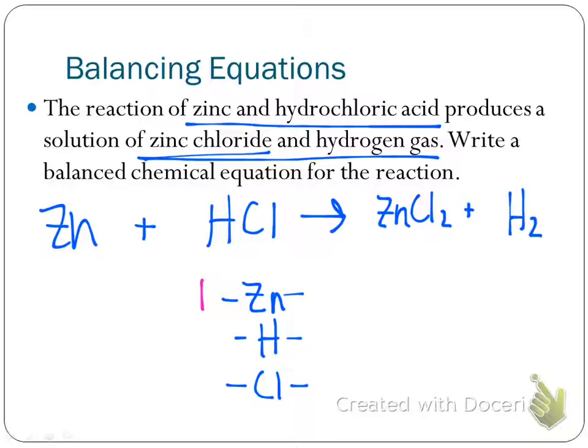How many hydrogens? 1. And chlorines? 1. On the right-hand side, how many zincs? 1. Chlorines, 2 chlorines, and how many hydrogens? 2. So I need to get another hydrogen and another chlorine on the left. That would make this 2 and this 2. So we match, we match, we match.